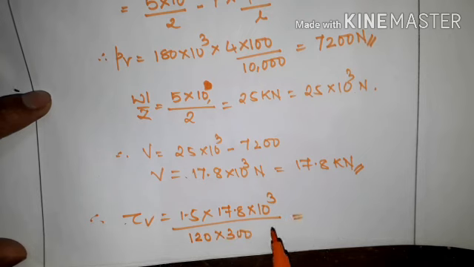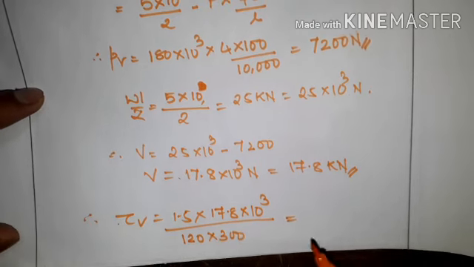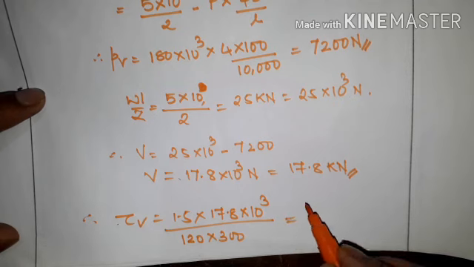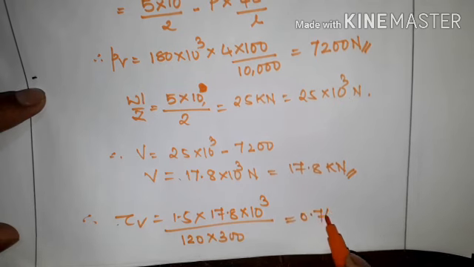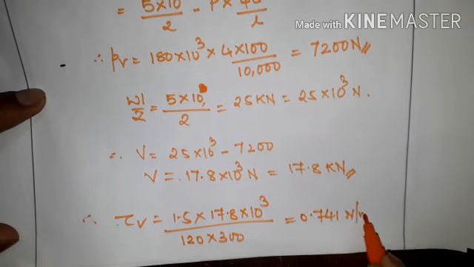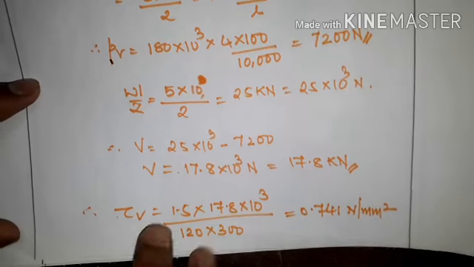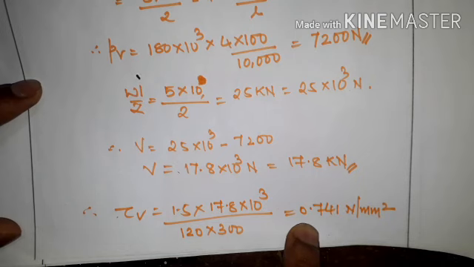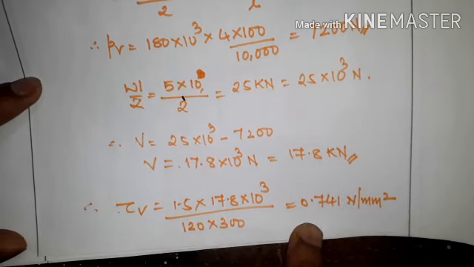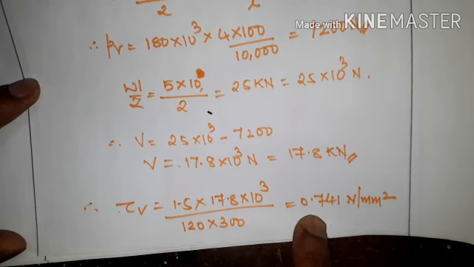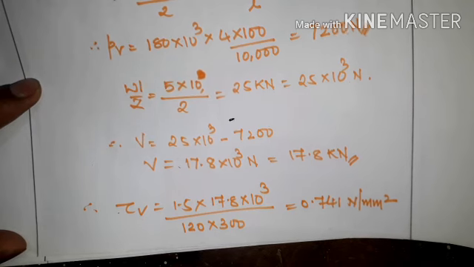So we will get this shear stress as 0.741 Newton per mm square. This much shear stress is developed in the concrete, so the beam has to carry this much shear stress. That is 0.741 Newton per mm square.